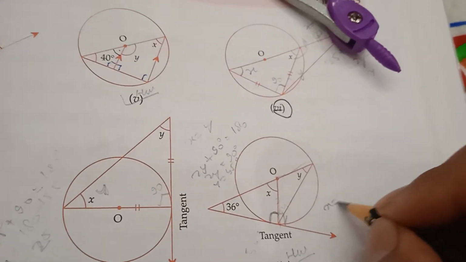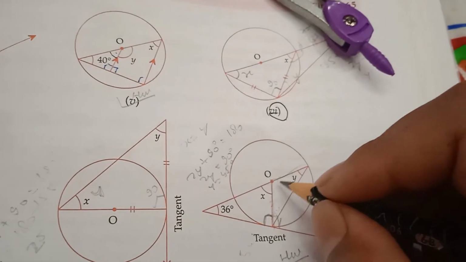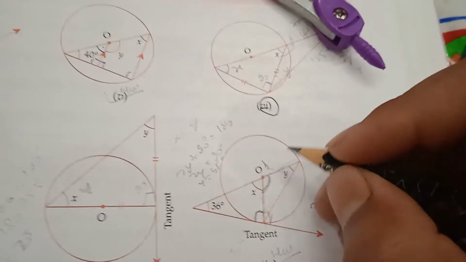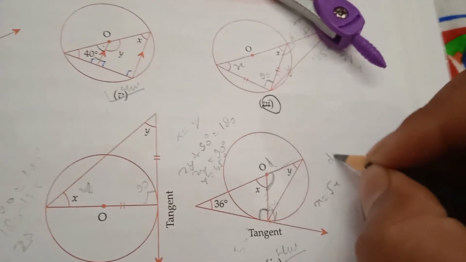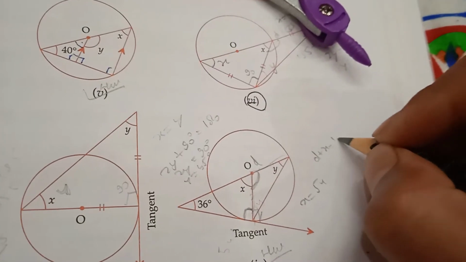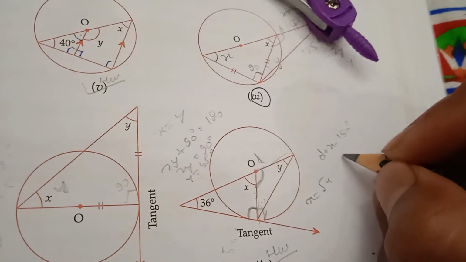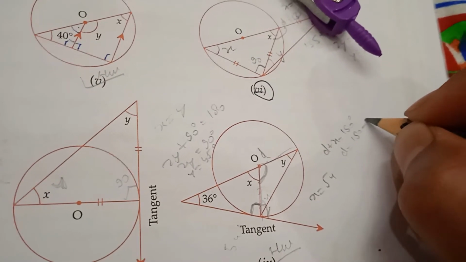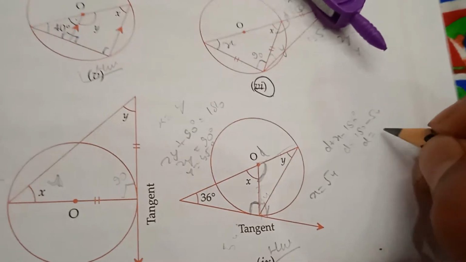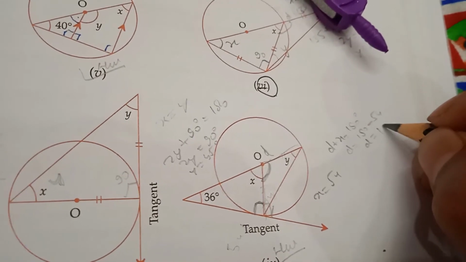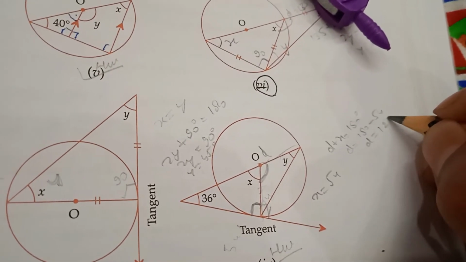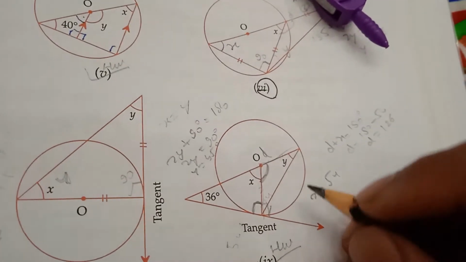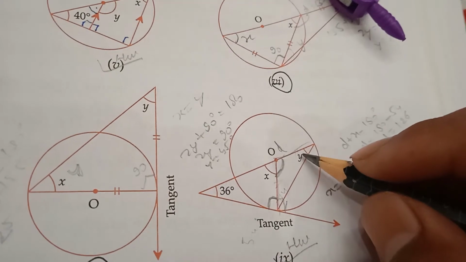So means x is equal to 54, and we will let this angle anything like d, means d plus x equals to 180 by linear pair. So d is equal to 180 minus 54, means this is 126, and here y.